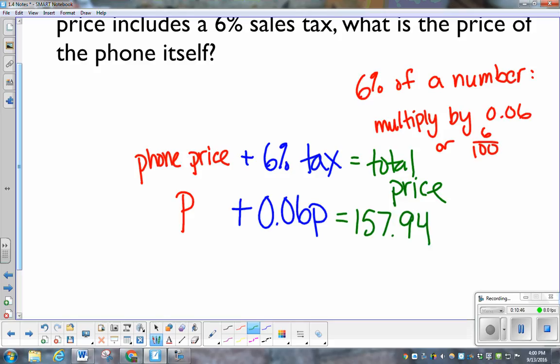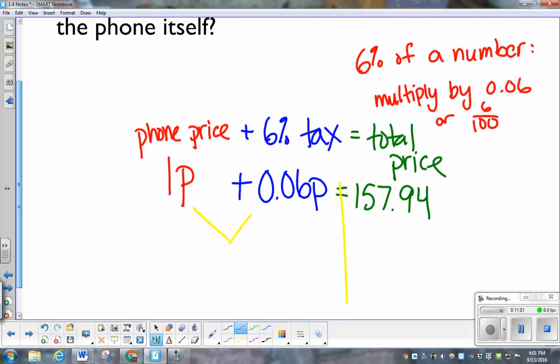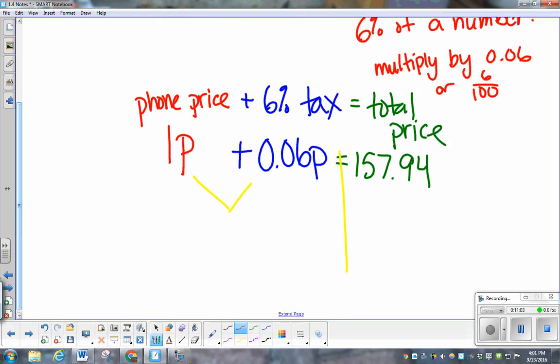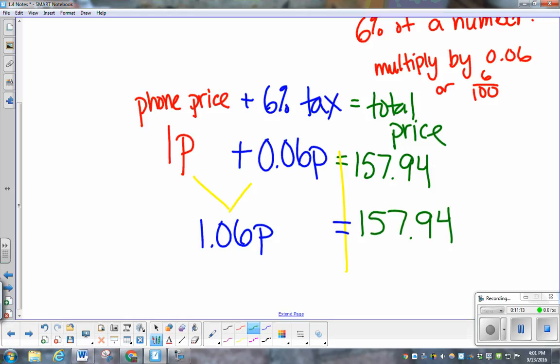Hopefully this is starting to look like an equation that we know how to solve. If we look on this side of our equal sign, we've got some like terms here. This P is really a 1P, so we have 1P plus 0.06P. Well, that's 1.06P, and it equals 157.94.